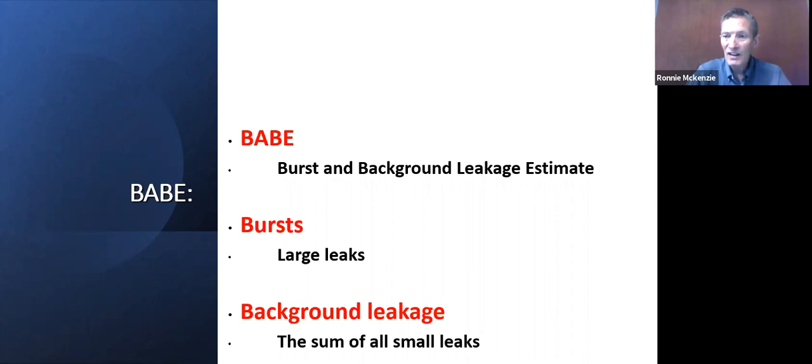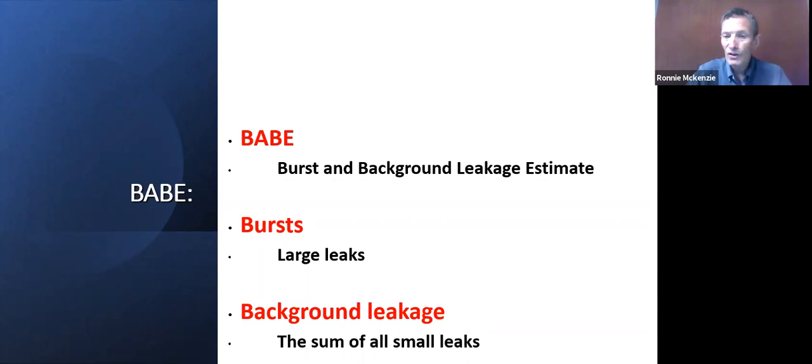It basically splits leakage into two components: burst leakage, which is your large leaks, and background leakage, which is the sum of all the small leaks. Now, the original definition, which may have changed a little bit over the years, was that if a leak is above 250 litres an hour, it would be classified as a burst. And if it's below 250 litres an hour, it would be classified as background leakage.